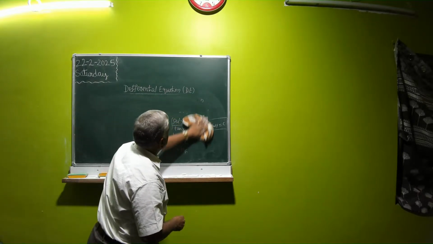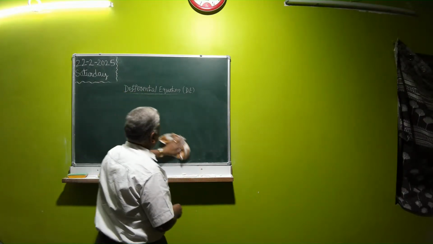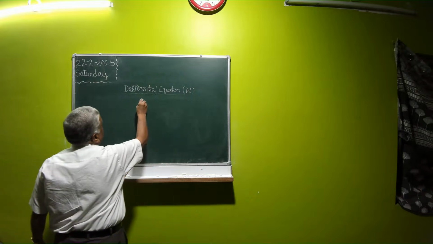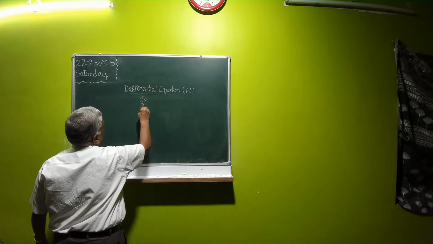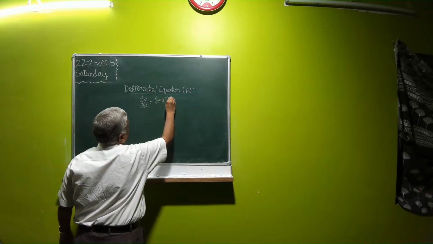Variable separable, I just work one more problem. We'll work more problems when we work through the question papers. dy by dx is equal to 1 plus x square into 1 plus y square.